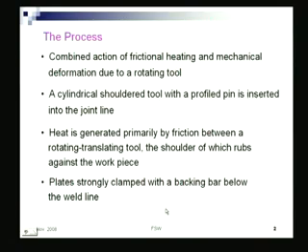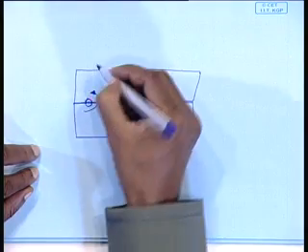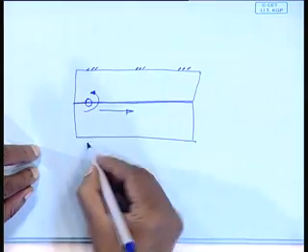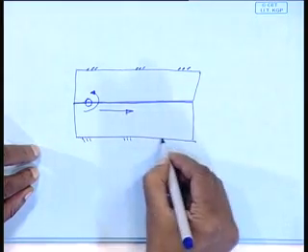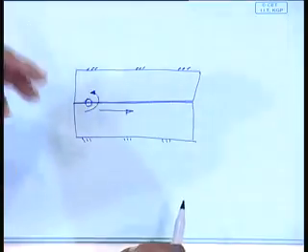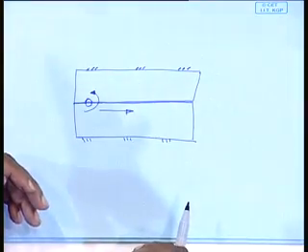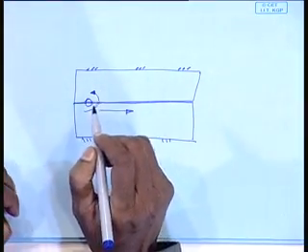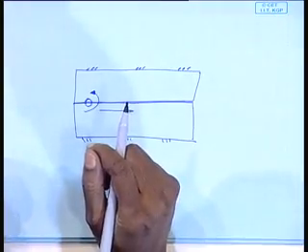If this has to be done, the plate needs to be clamped very strongly, because if they are not clamped, they will try to separate from each other. It is something equivalent to a drilling operation. If you have seen, you put the drill bit inside the material, it cuts out the metal and throws off the metal.